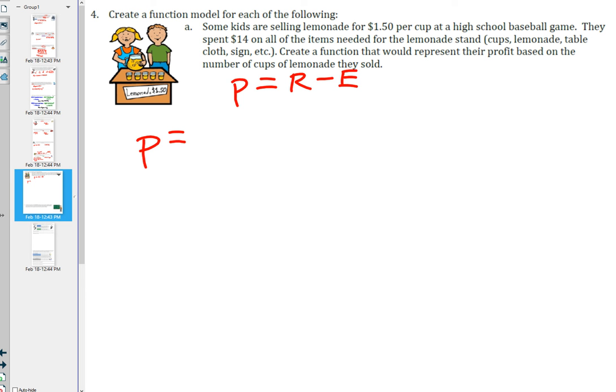So how much you bring in minus how much things cost. How much money are they bringing in? Yeah, $1.50 per cup, and it is going to depend on cups sold. They spent $14 on all the items needed, so minus 14.